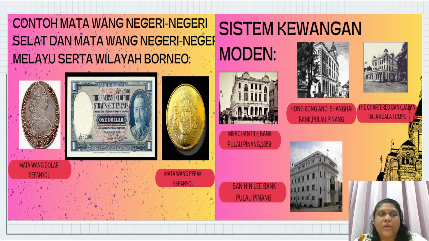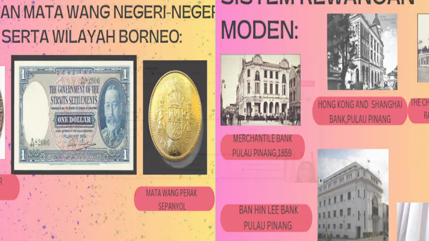This one is an example of Canva, notes for chapter 6 in Form 3 history. This Canva was made by my student. They prepare the notes, so it's easier for them to understand the topic after studying with Canva.